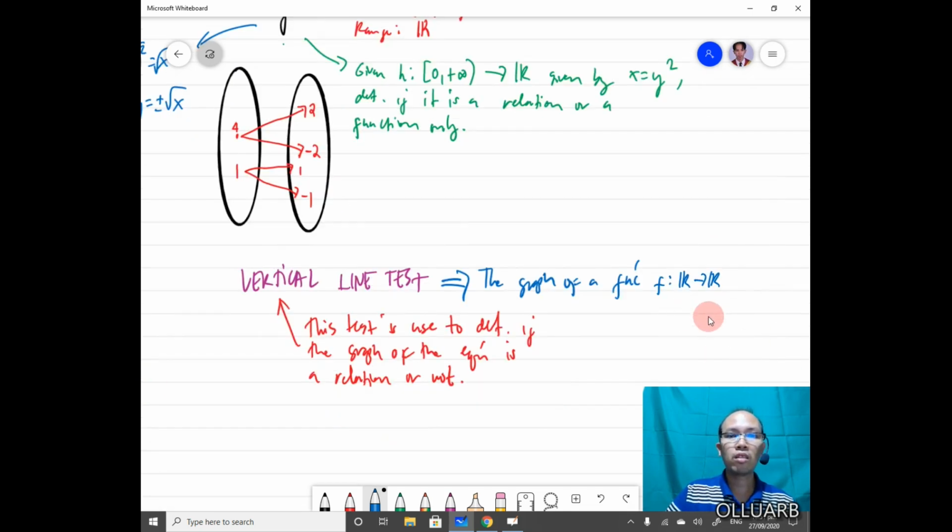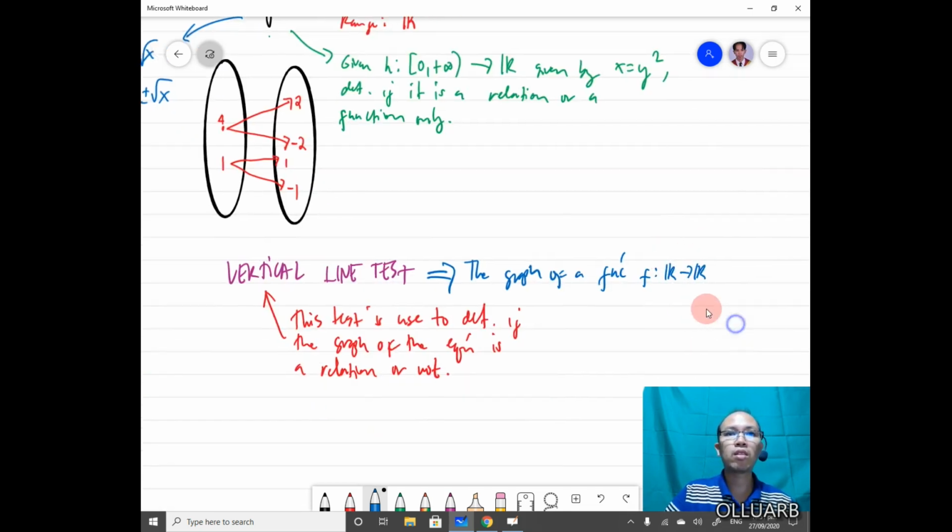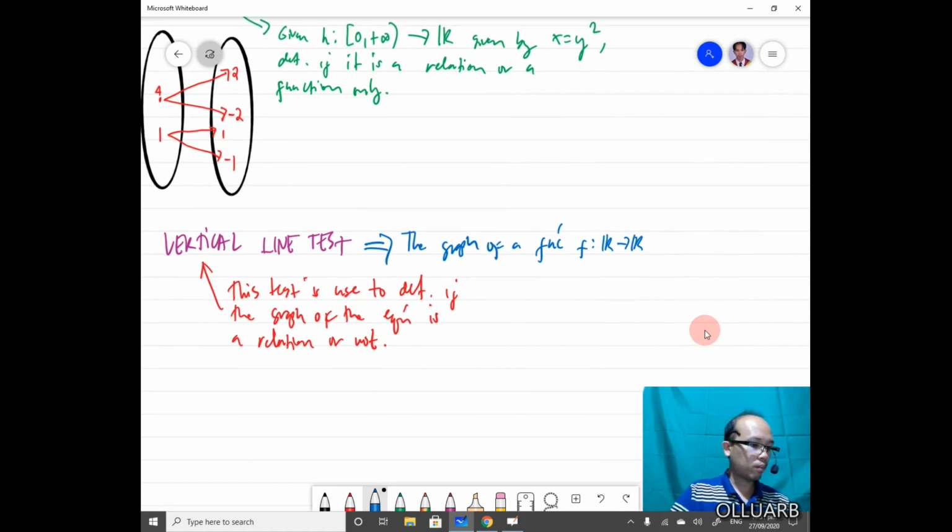This is what it means: it intersects a given vertical line in the Cartesian plane at most once.